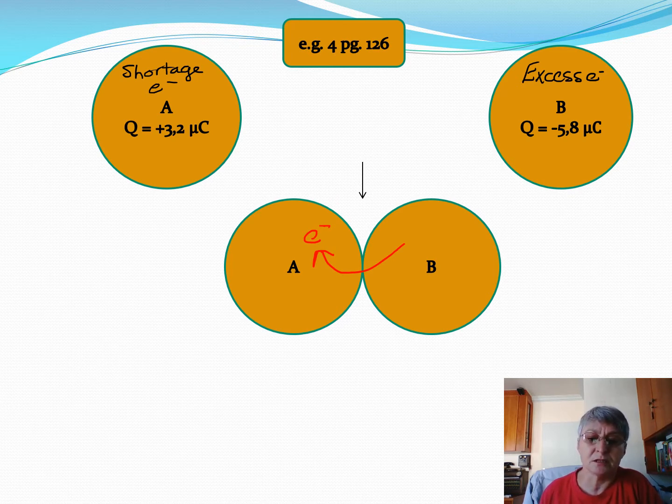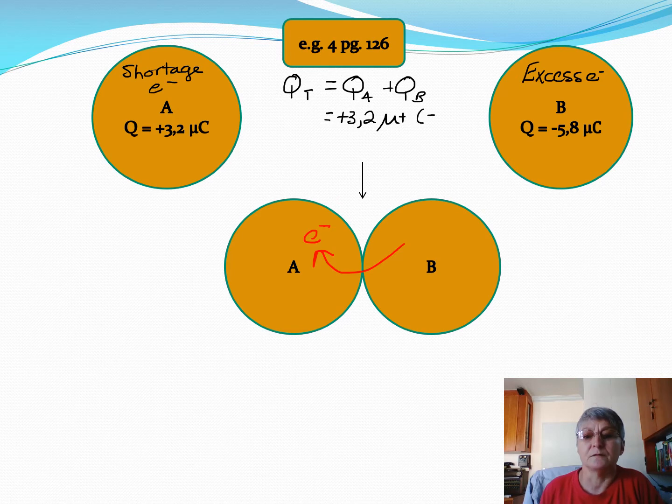Now, what is the total charge on the two objects? The total charge is the sum of the charge on A and the charge on B. So it's plus 3.2 microcoulombs plus the negative 5.8 microcoulombs.